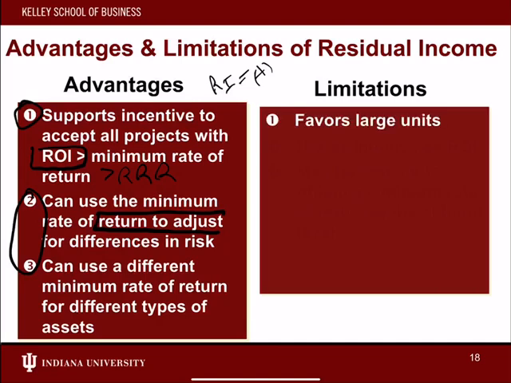Limitations: it really favors large units. Since ROI is a percentage, it's very comparable. So if we have, say, Walmart versus a mom and pop grocer, we can compare their return on investments, because really all it says is, given their level of investment in their assets, how well do they use it?